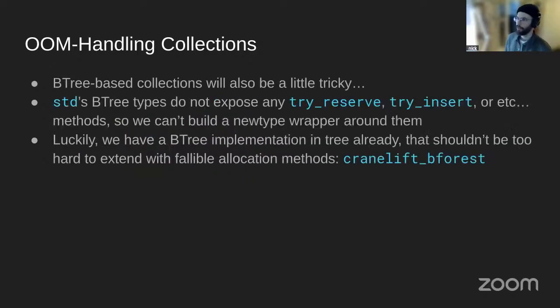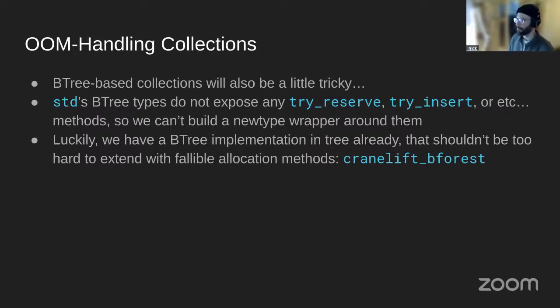B-tree based collections are also going to be a little tricky because unlike vecs and hash maps, the B-tree types don't have any reserve or try reserve, and they also don't have try insert or whatever. So we can't actually just build a new type wrapper around them. But we really lucked out because it turns out we have a B-tree implementation in the Wasmtime repository already.